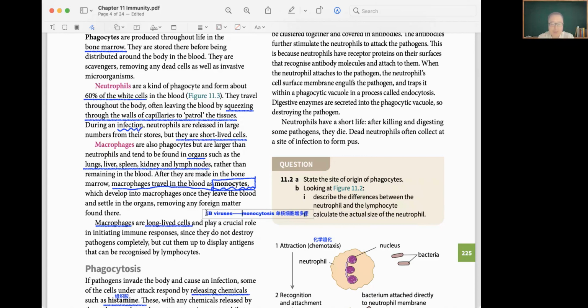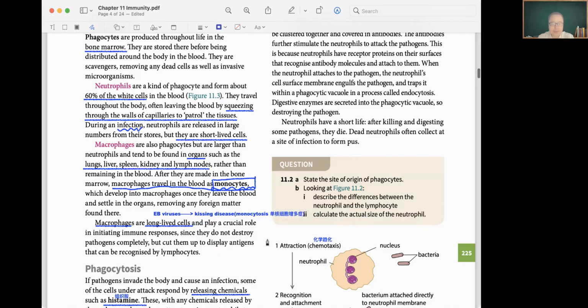So the EB virus will cause a disease called kissing disease, right? Remember, 接吻病. Kissing disease is a kind of monocytosis.